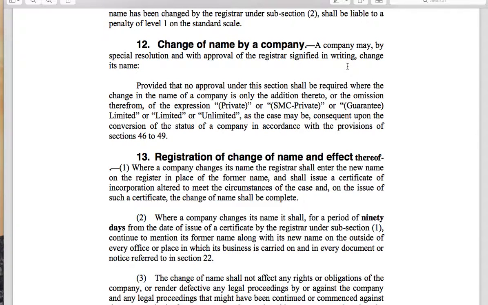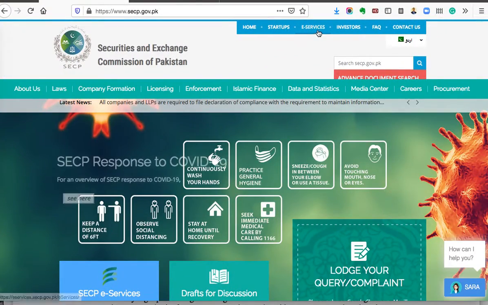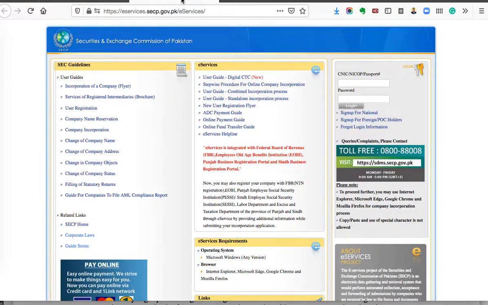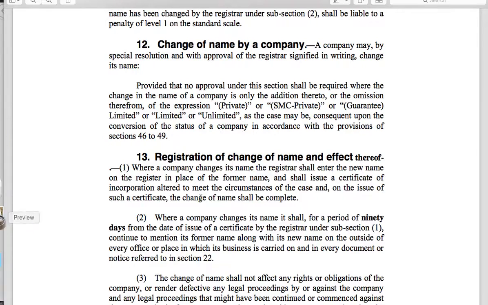Now the important thing is that for all these sections there are separate forms on your e-service module, as we saw. Once you log in to your e-service, you can see change of name there, and then you have to fill the details and pay an amount of fee, and then the registrar will give you approval.